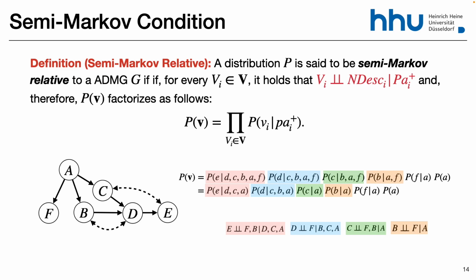For D, we computed also, so it was A, B, and C. For the others, it's just the usual parents, right? So C depends on A, its only parent, so it's independent of B and F given A. B is independent of F given its parent, which is A. And the others are not possible to simplify.